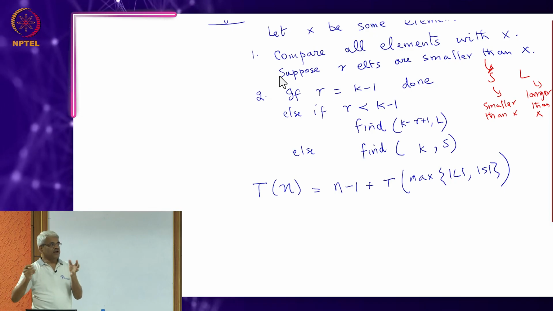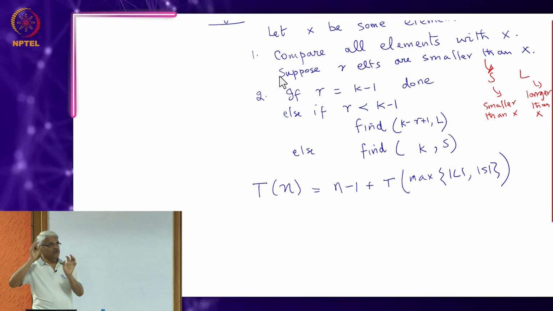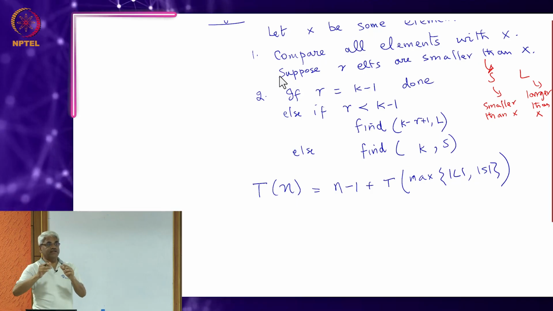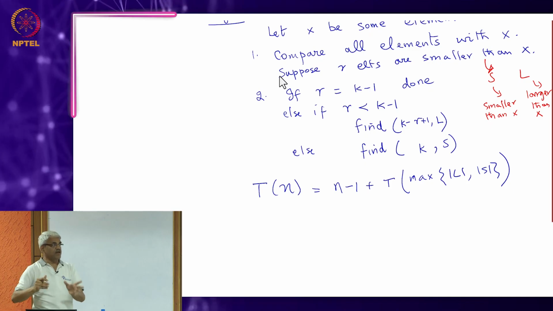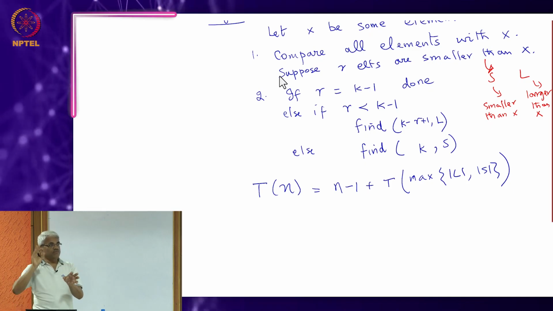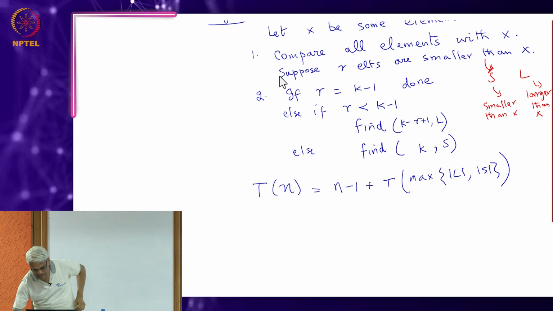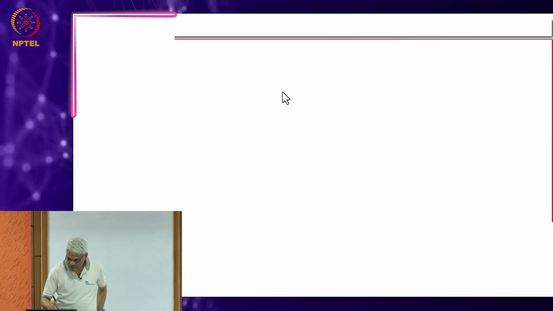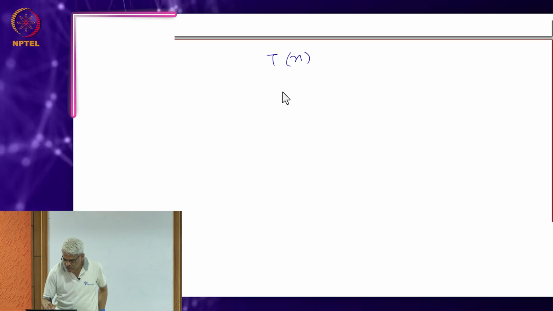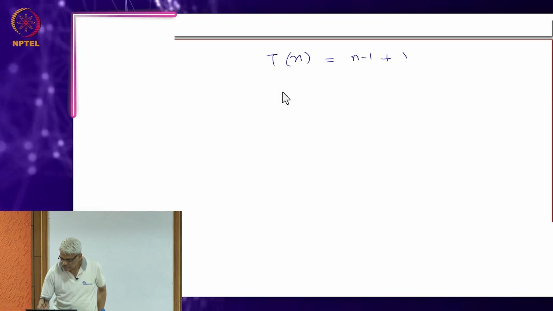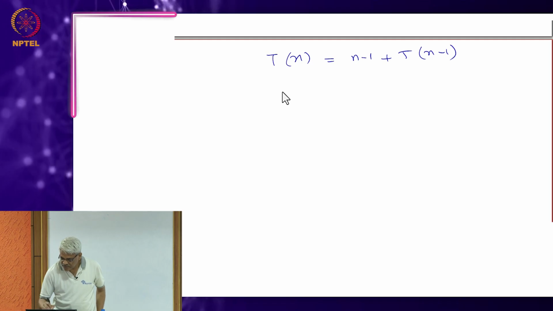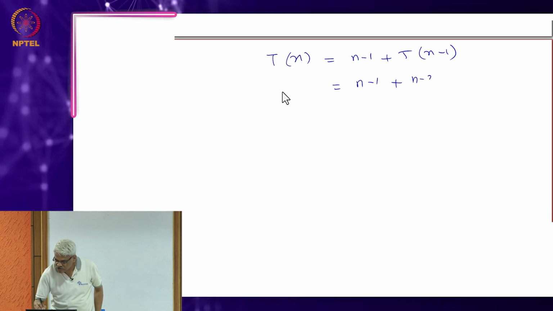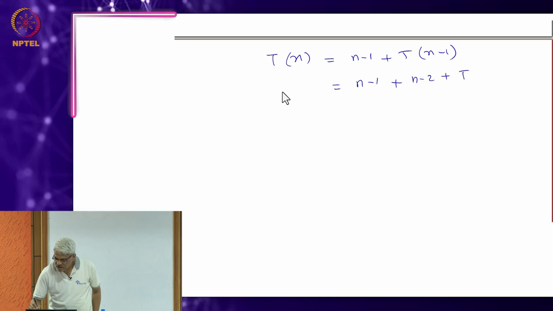Well, let us keep expanding it, right? If you are so unlucky that this kind of partition happens every time, then n minus 1 plus T of n minus 1, which is n minus 2 plus T of n minus 2.